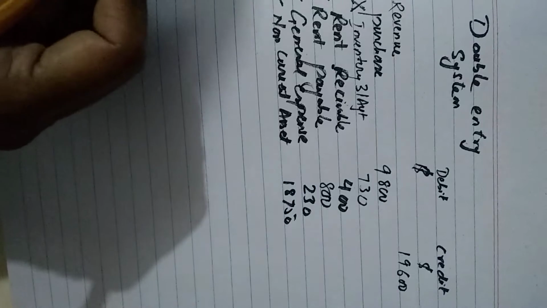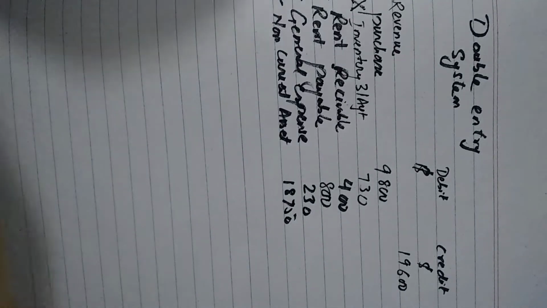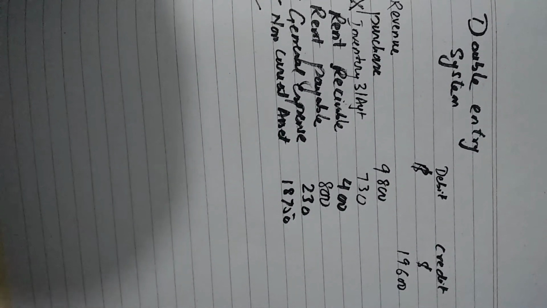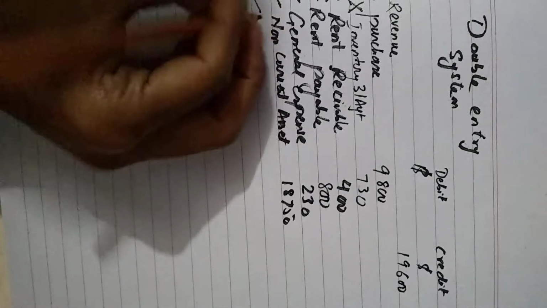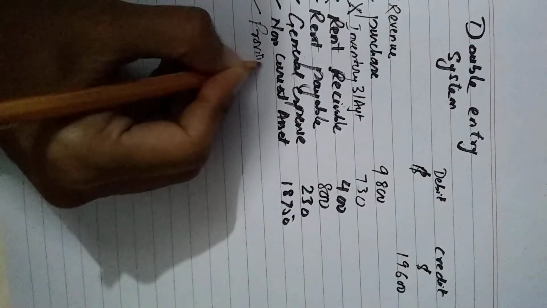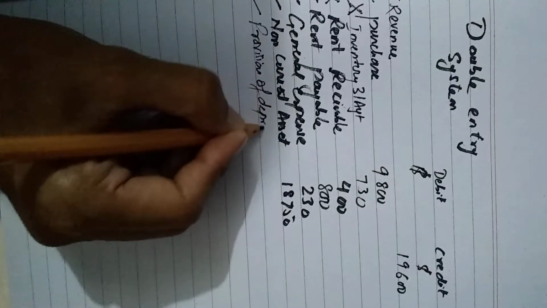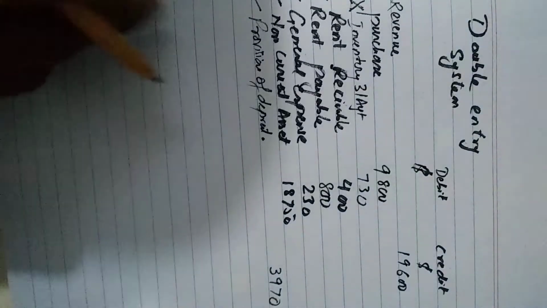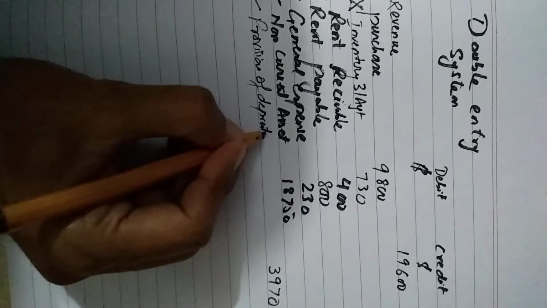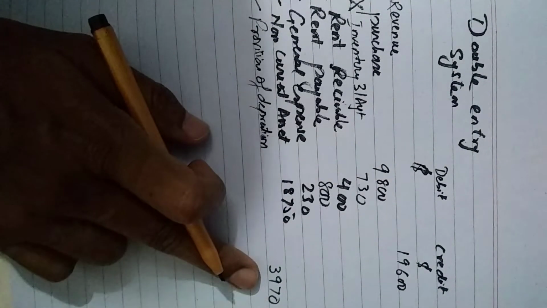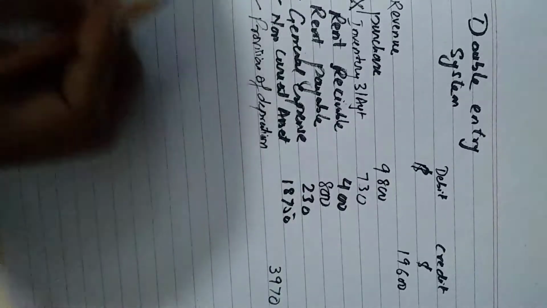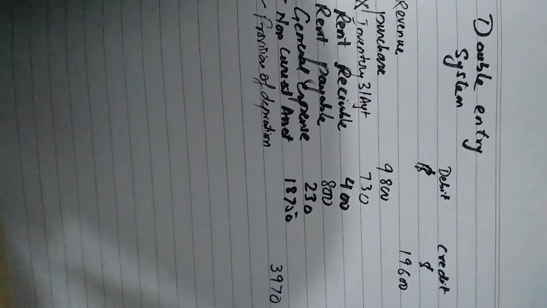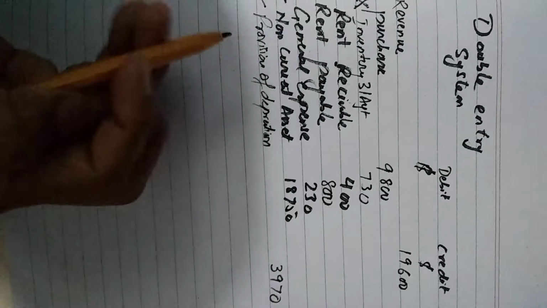Provision for depreciation, also called allowance for depreciation, is 3970. Whenever there is a provision for depreciation, the asset value is less, so it is recorded on the credit side. It is correct. Depreciation expense is recorded on the debit side.